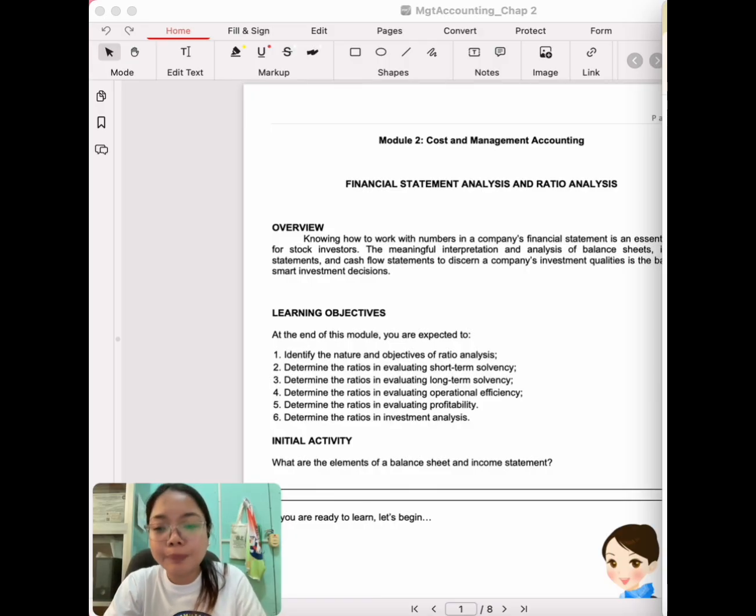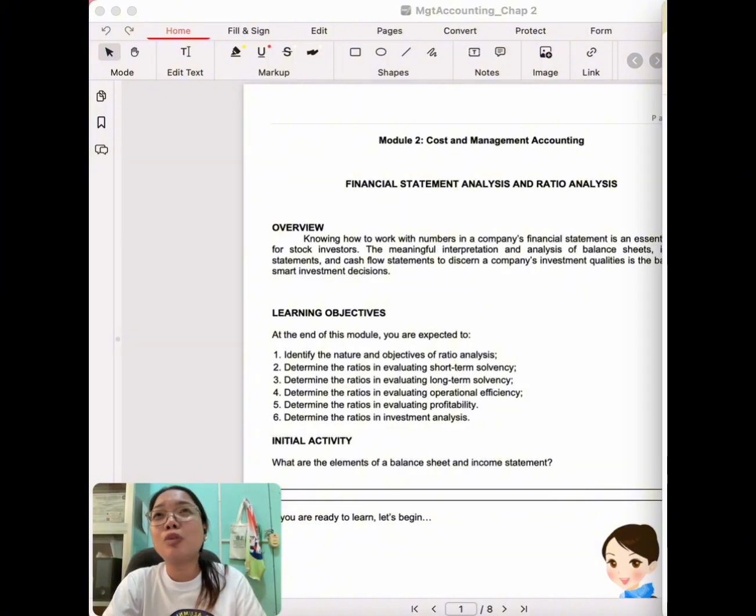Pero ang question doon is, what do these numbers actually tell us about the business or about the company? So, for example, if yung company, meron silang 5 million pesos in assets, is that automatically good? We cannot say, well, not necessarily it's good or we cannot say it's bad. Kasi we also need to ask how much of those assets ba are financed by debt?